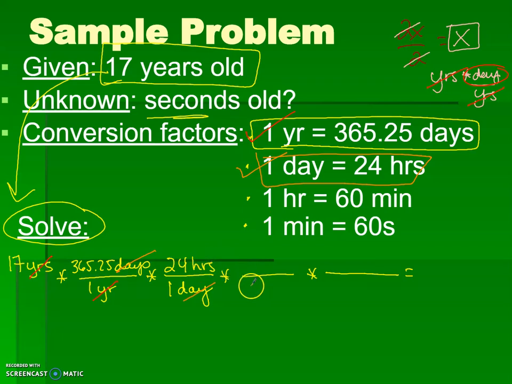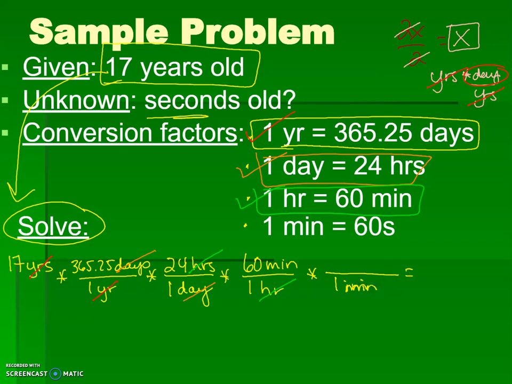Okay, hours are here. I put 1 hour on the bottom, 60 minutes on top here. All right, hours and hours are going to cancel out. And then I want to get rid of minutes. So my last section is to get rid of 1 minute on the bottom. Oops, M-I-N.